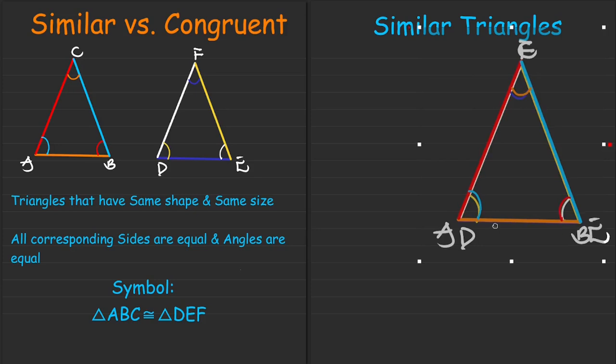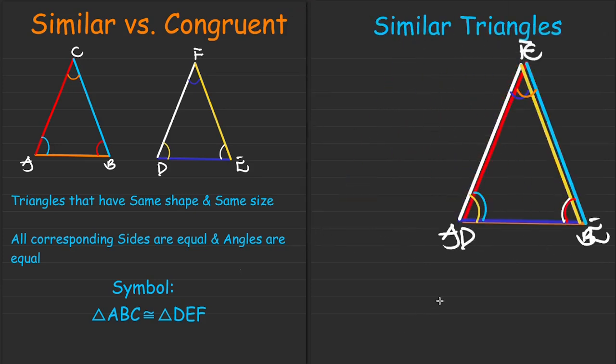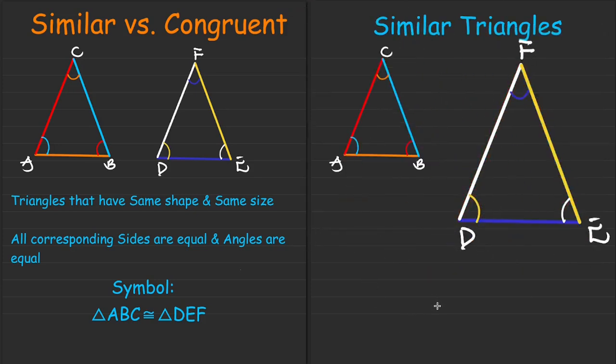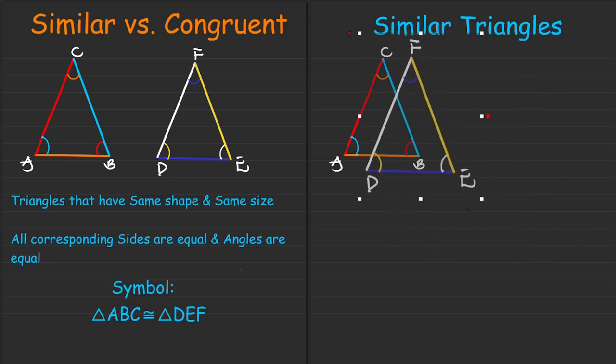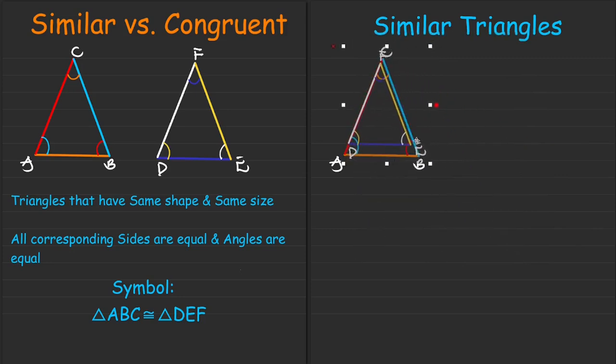You see, it fits. So let me just put it as it was. The same way, if I take this one and scale it downwards, it will also become equal to the previous one.